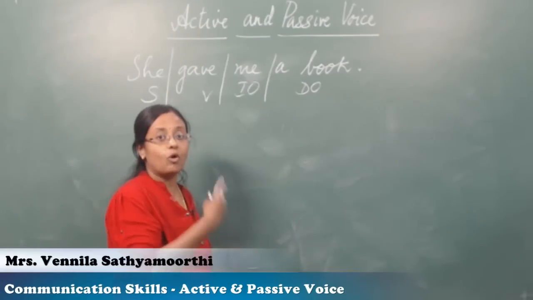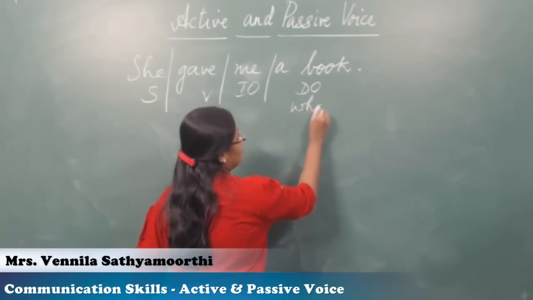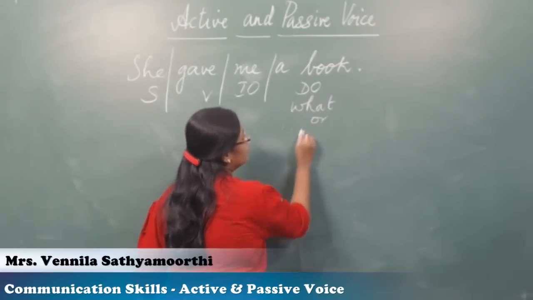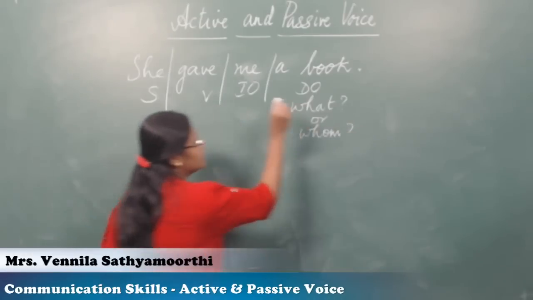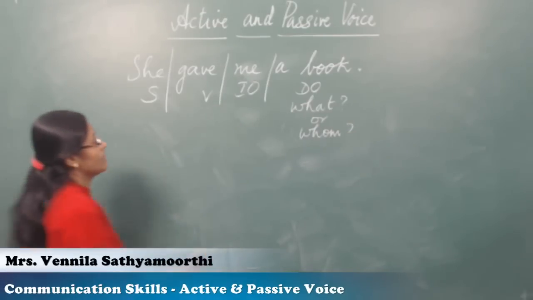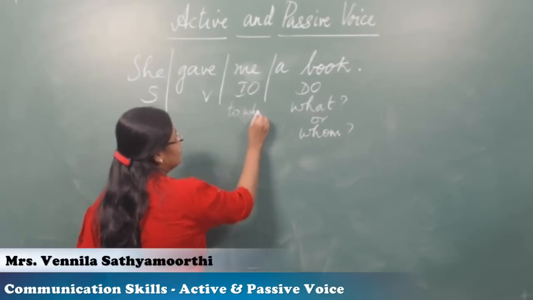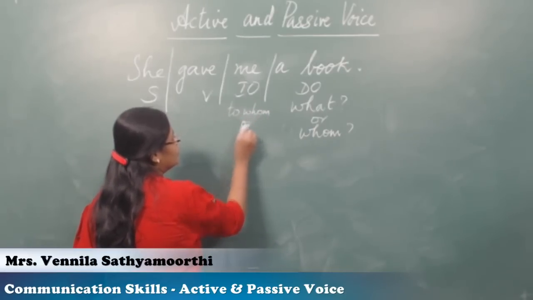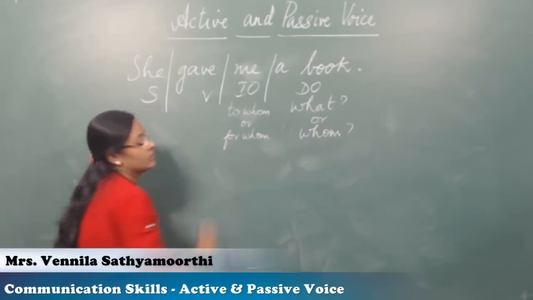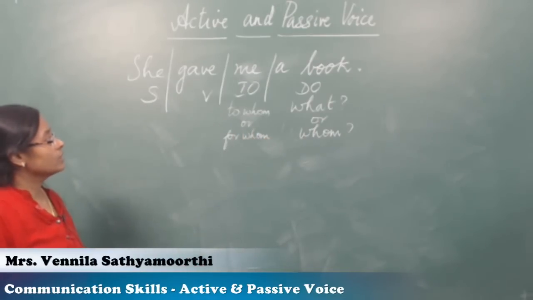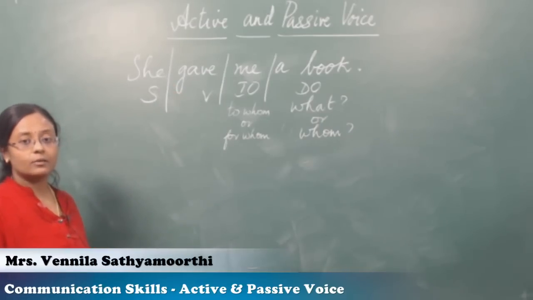You ask the question what or whom. The answer to the question what or whom is the direct object. The answer to the question to whom or for whom is the indirect object.